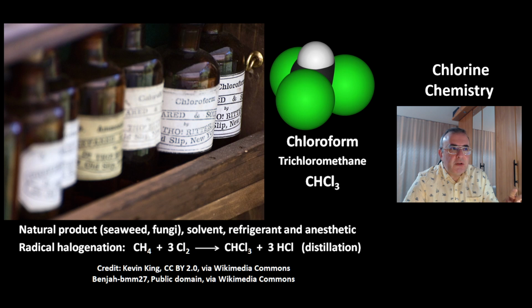That gives you chloroform plus 3 hydrogen chloride. But in this reaction, there's a mixture of products, for example, dichloromethane, monochloromethane. So you need an extra step, that's the distillation of the products. And this can be done easily because these different products have very different molecular mass and different boiling points.